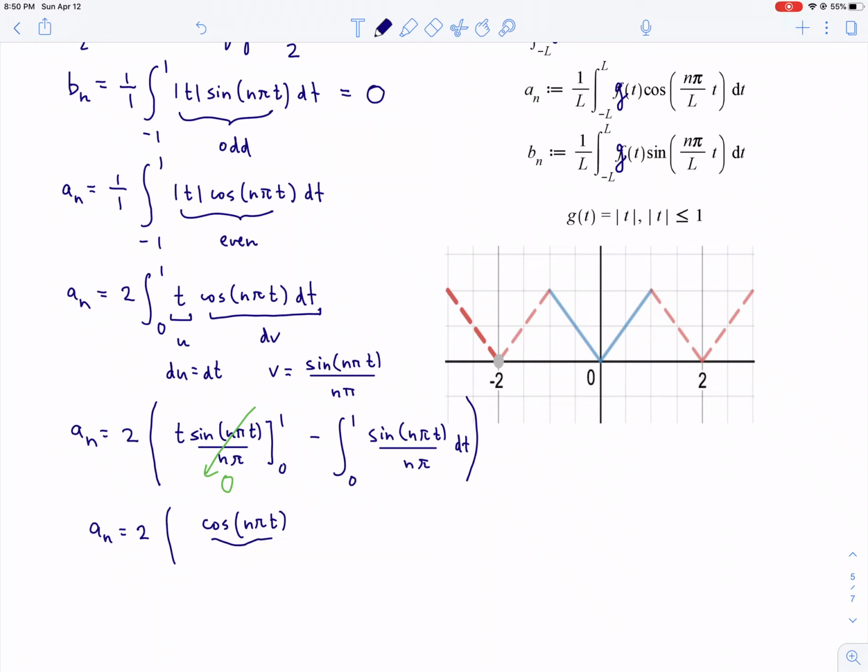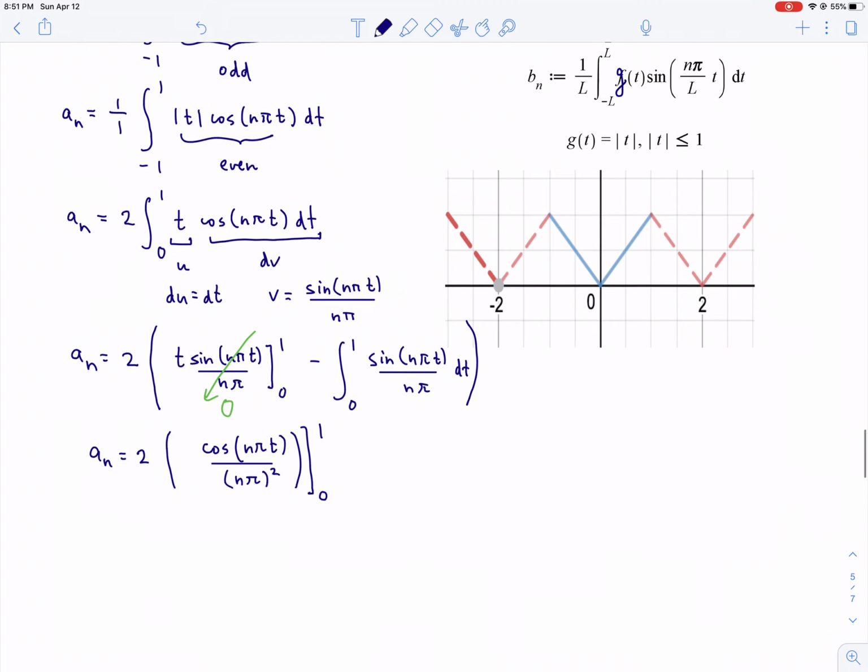I had an n pi in the denominator. I get another one from antidifferentiating. So I get n pi squared. And I evaluate that from 0 to 1.